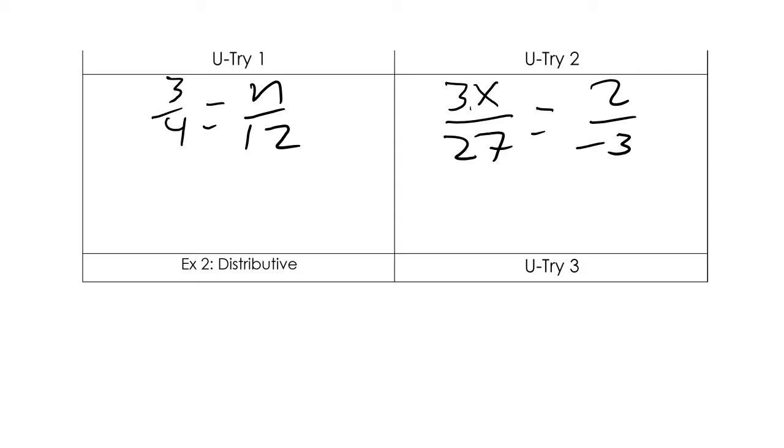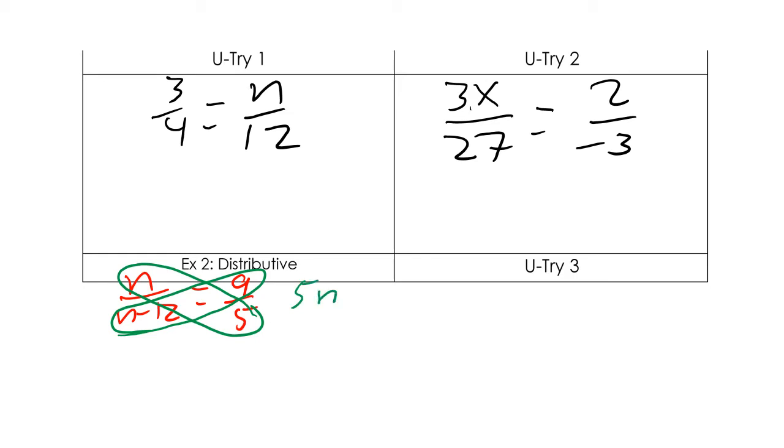Okay, what if we have to distribute? Let's say we have n over n minus 12 equals 9 over 5. Again, I'm going to draw my cross multiplication circles. 5 times n is equal to 9 times parentheses n minus 12.